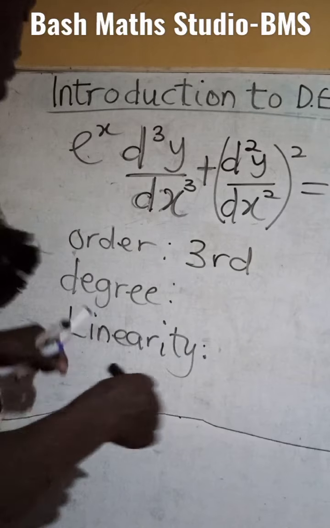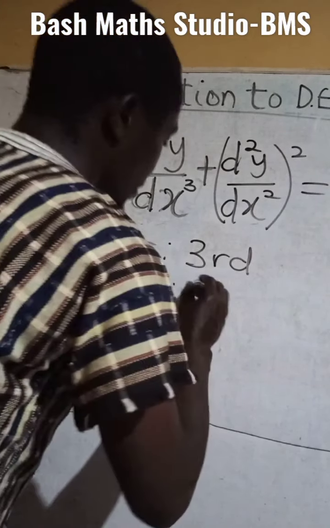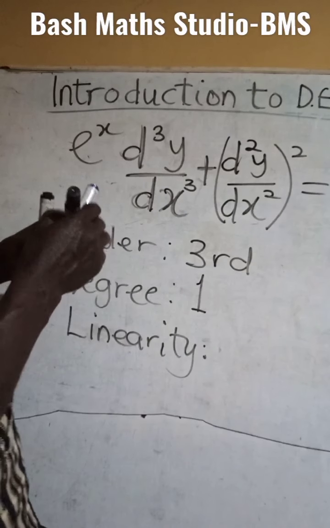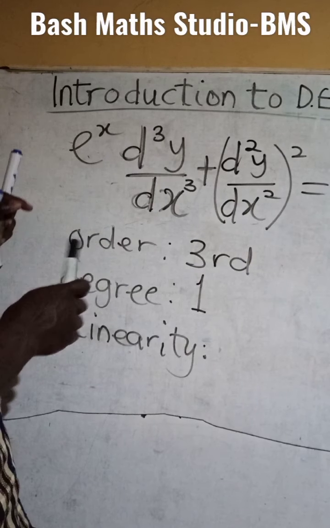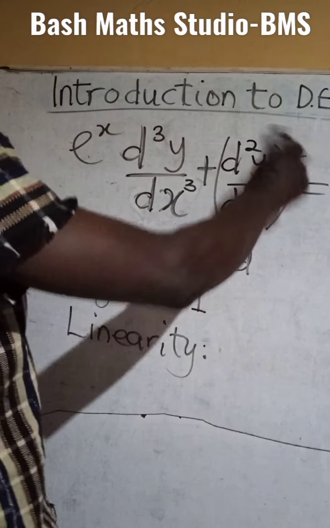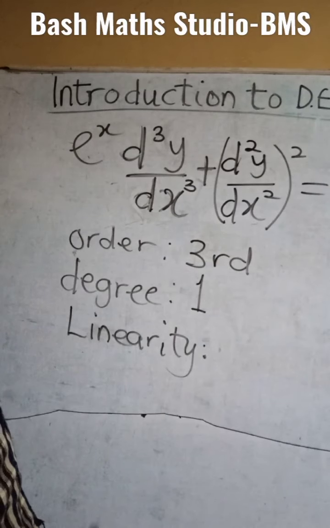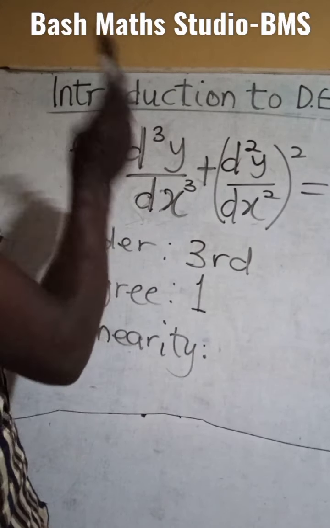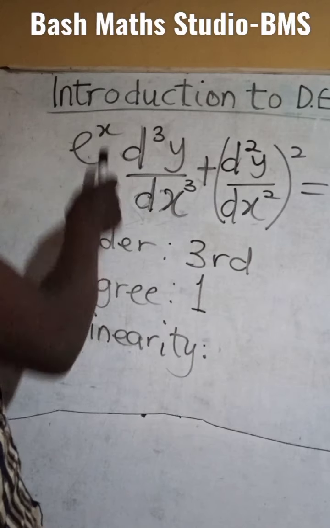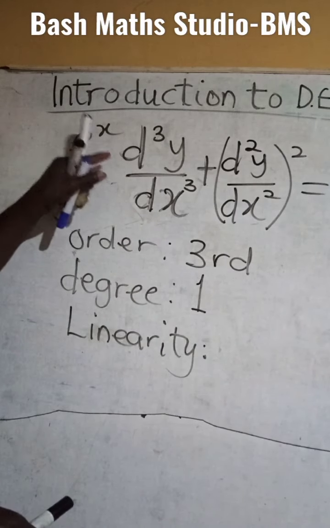And then degree, it is of degree 1. And then somebody may ask, why is this equation of degree 1 whilst we have a power of 2 here? We said that the degree is the exponent or the power of the highest derivative or the highest order.